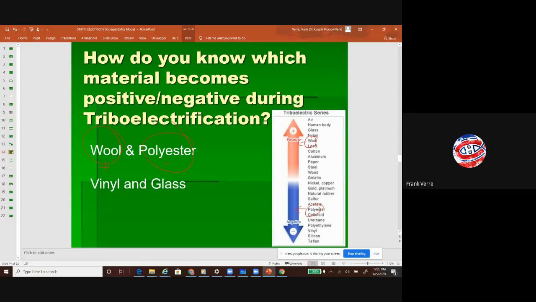Otherwise, I'm not going to know. If I take vinyl and glass, vinyl is down here and glass is up here, so glass will be positive and vinyl will be negative. This allows me to determine what will become positive and what will become negative. You'll notice the metals are in the middle because they're conductors, so they're not going to pick up charge through friction.